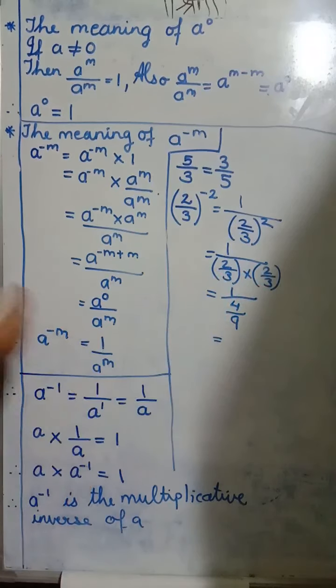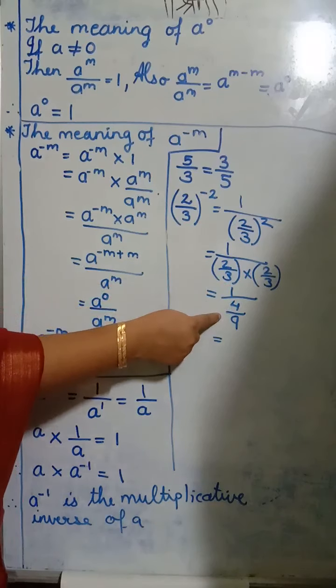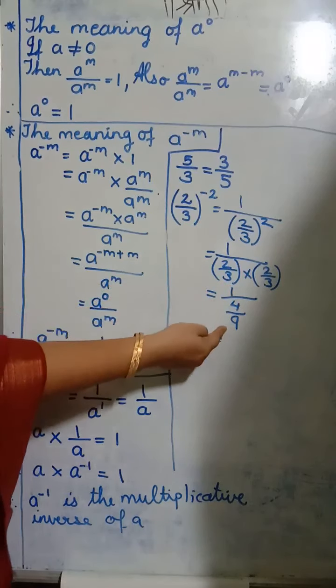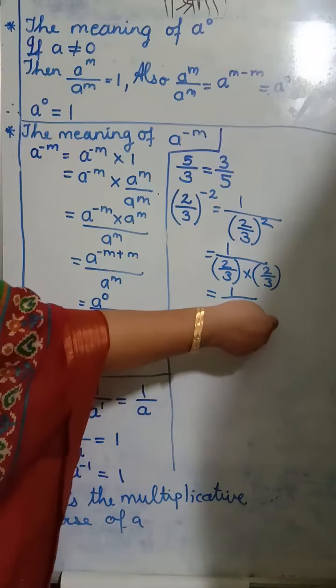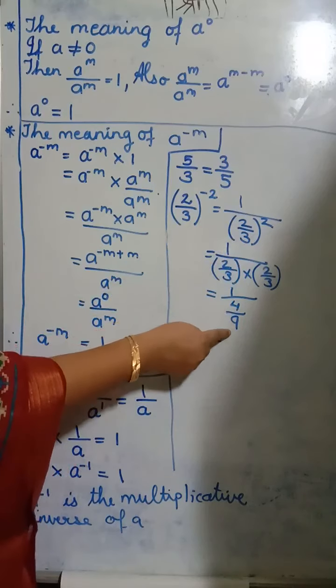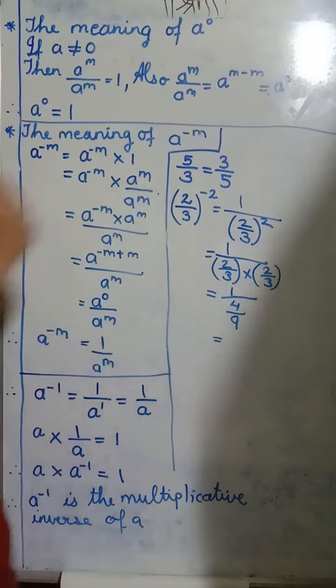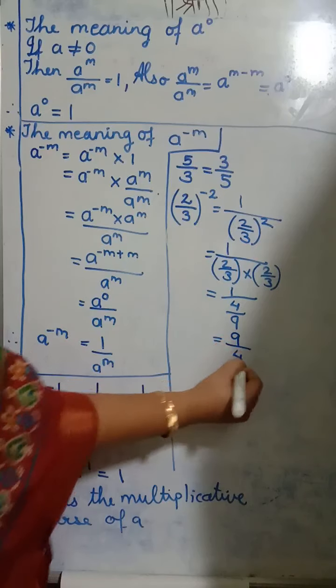Now children, see here, this is numerator and this is denominator, but the denominator again has a denominator. So listen up, the denominator's denominator will go to the numerator and it will become 9 upon 4.